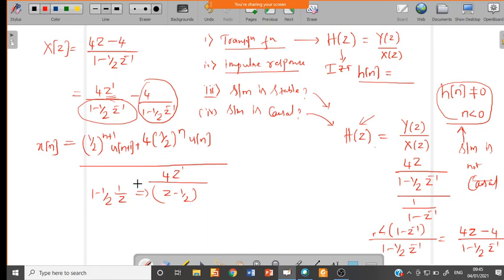So now it is starting from the power 1, so the summation we can take from minus 1, and we can write it as u of n plus 1. Take this one and try, we will get the h of n. Sorry, this is not x of z, it is h of z and h of n.